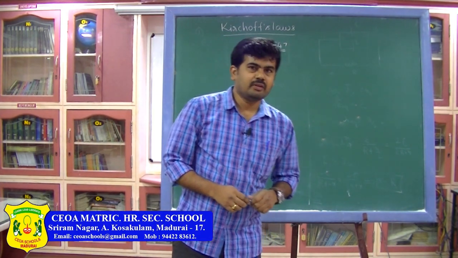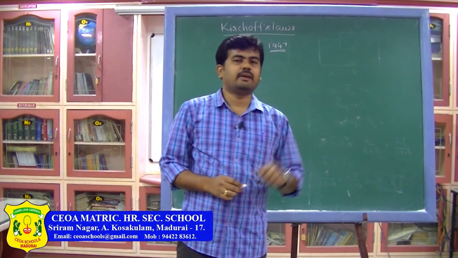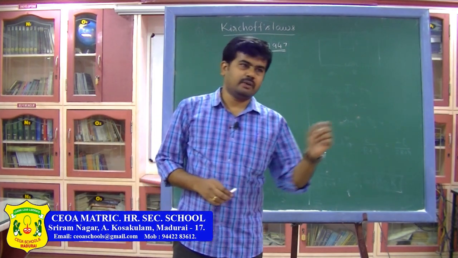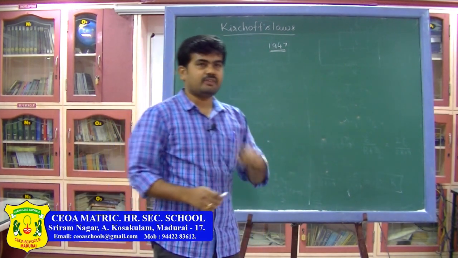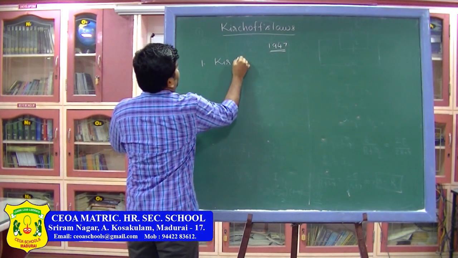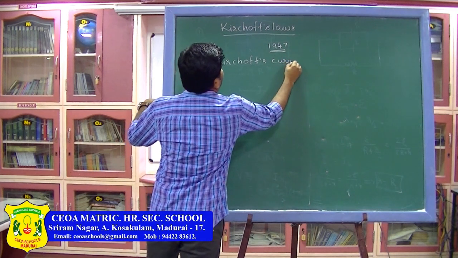These laws are known as Kirchhoff's laws, and they are based on two important conservation laws: conservation of electric charge and conservation of energy. So, let us discuss one by one. The first law is Kirchhoff's current law.